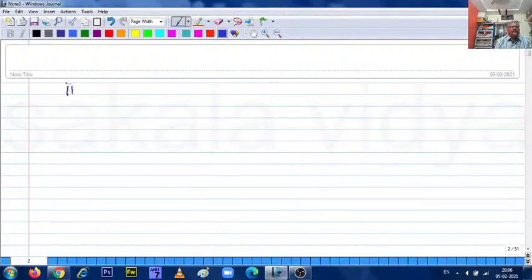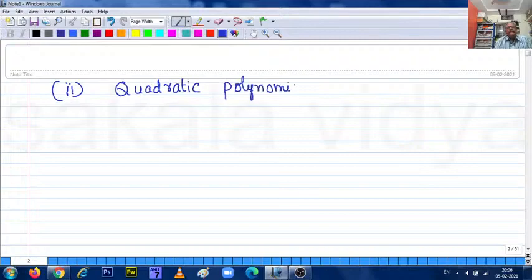Second one is the quadratic polynomial. You are asked to write an example for quadratic polynomial. Say one example, 3x square plus 5.